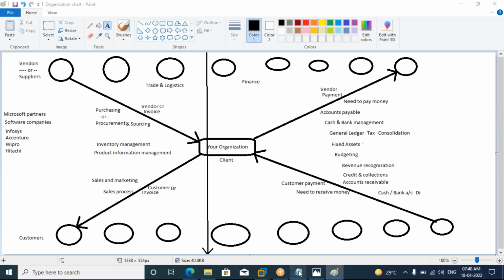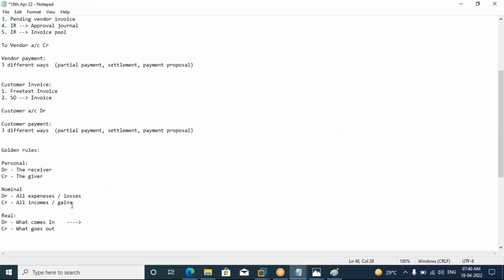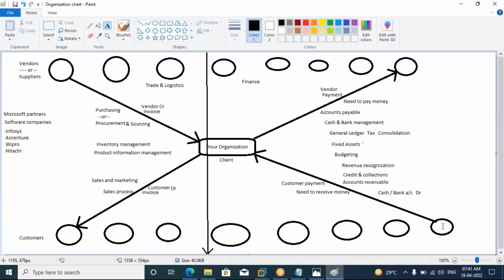Look at this rule. Debit means what comes in. From the bank, I will receive money. How can I receive money? When the customer is doing payment. So if the customer is paying money, I'm receiving money from the bank.